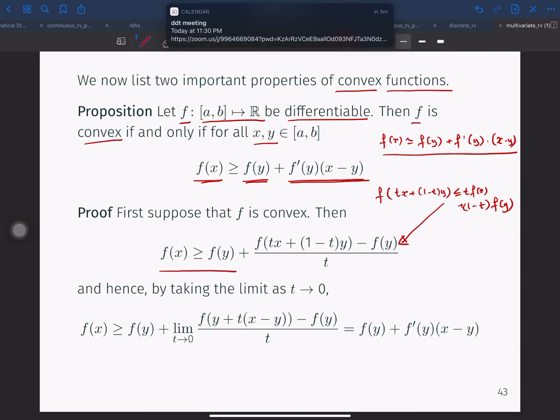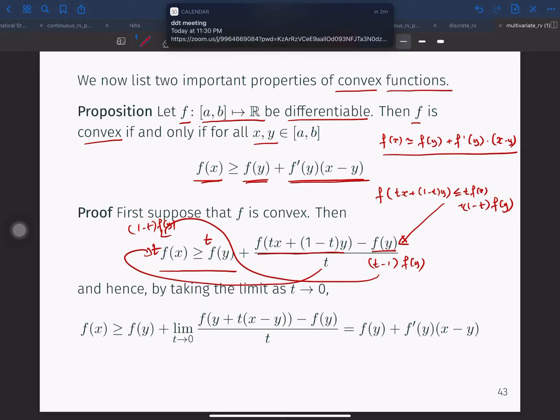And as you can see, if you multiply by t here, that becomes t f(x) is bigger than t f(y), but then you subtract f(y), so that becomes (1 - t) f(y). And so you move this (1 - t) term out, that becomes (t - 1) f(y). And so you move it to this side again, then that becomes (1 - t) f(y), and it's bigger than this term.